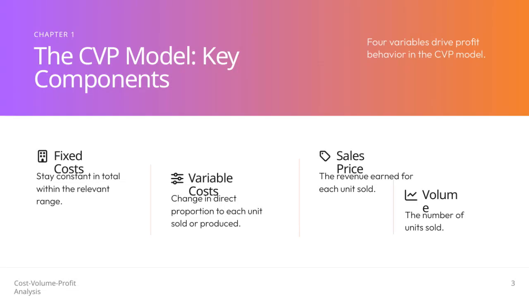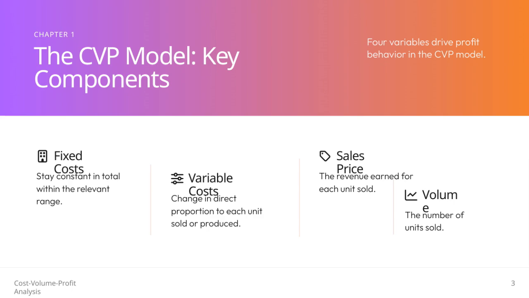Let's dive into the key components of the cost volume profit, or CVP, model. There are four main variables that shape how profits behave in this model. First, fixed costs. These are the costs that remain constant in total, at least within the relevant range of activity. They don't change no matter how many units we produce or sell.